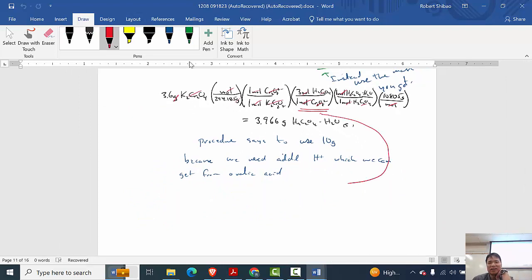To get that, I'll need an additional 4 oxalic acid, oxalic acid being a diprotic acid. So each oxalic acid yields 2 H+. So if I need an additional 4 to give us an additional 8 H+, I'm going to change this conversion factor to 7 moles of oxalic acid for every 1 mole of dichromate.